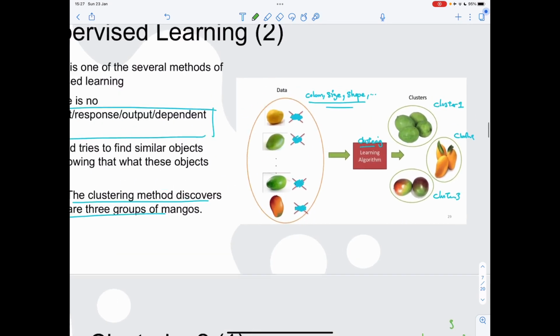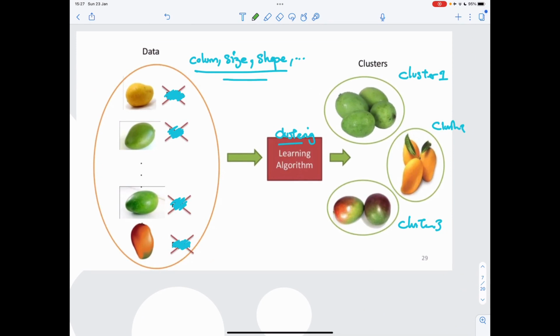Let's come back to our example. We can see that this is a good clustering because the items in each cluster are very similar, while every 2 items of 2 different clusters are very dissimilar.